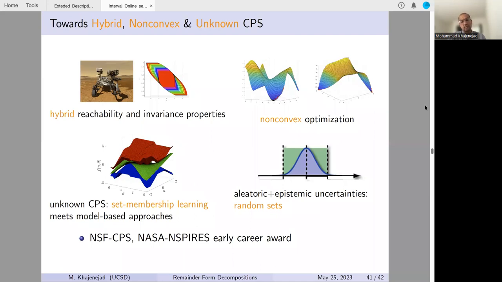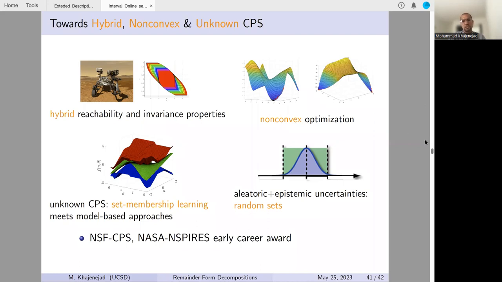Also, they are very applicable in computing controlled invariant sets for general nonlinear systems. Moreover, using these box tightening type of algorithms, we can apply these mixed monotone decomposition functions to design non-convex optimization algorithms and non-convex distributed optimization algorithms.